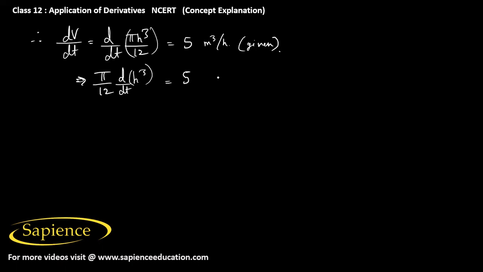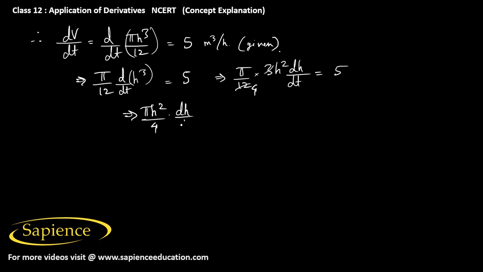So that is 5. So I can say pi by 12 into 3H square into dH by dt, here we are applying the chain rule actually, is equal to 5. So therefore pi H square by 4 into dH by dt equals 5. So therefore dH by dt will be equal to 5 into 4, that is 20, by pi H square.